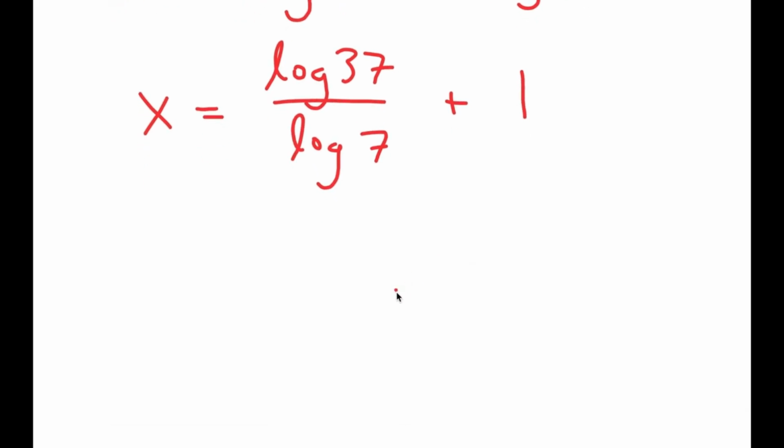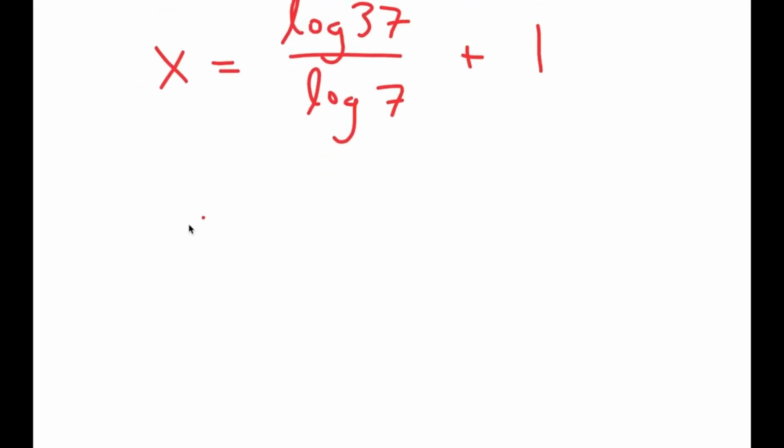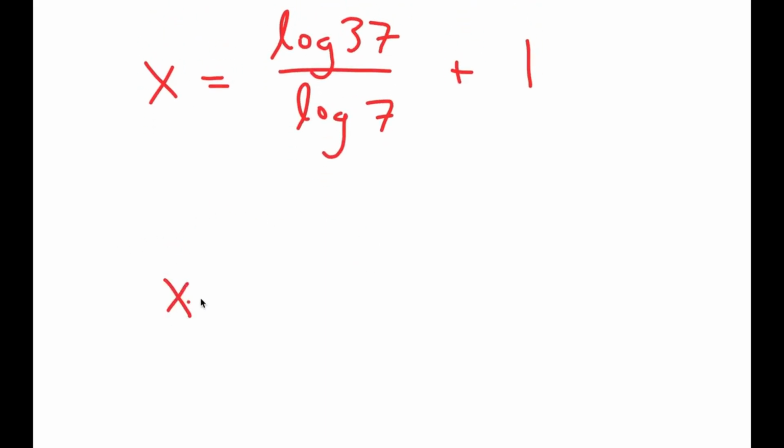And now, the final thing to do is to plug in the actual values of log 37 and log 7. So log of 37 is equal to 1.568, and log of 7 is equal to 0.845.